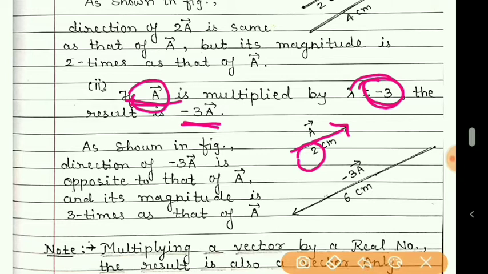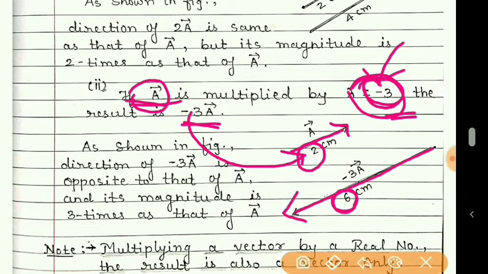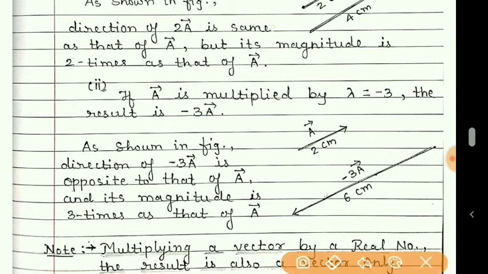Now when it is multiplied by minus 3, what happens? Minus 3 into 2 means 3 2s are 6. So now magnitude becomes 6 centimeter. So the resultant vector has magnitude 6 centimeter, but as it is negative, the direction gets reversed, exactly opposite to that of vector a. So resultant vector minus 3a has the direction opposite to that of vector a.